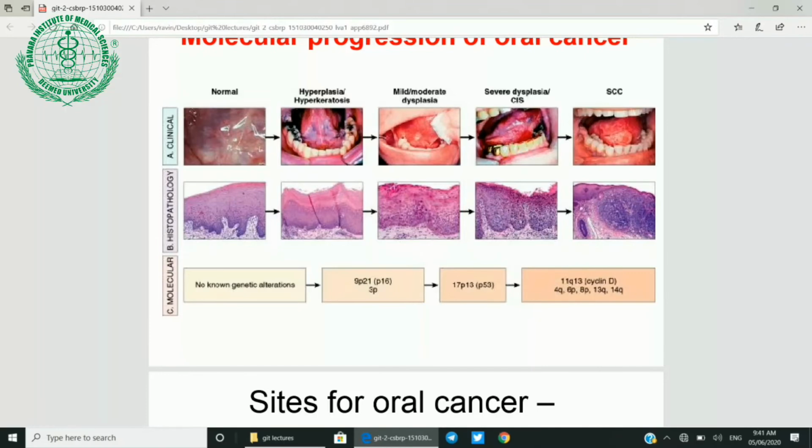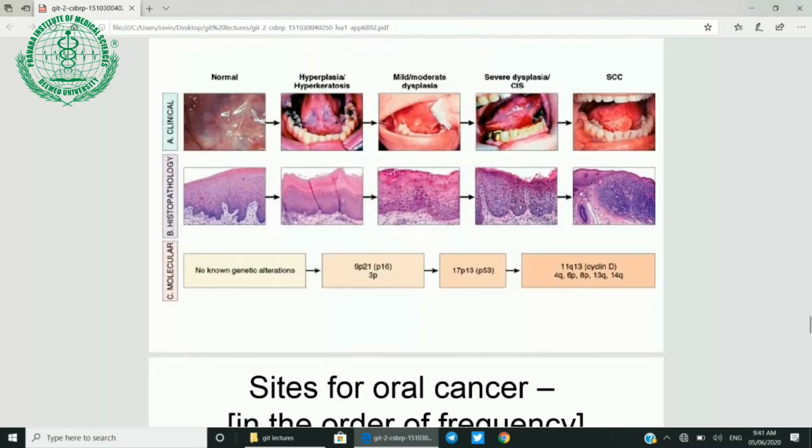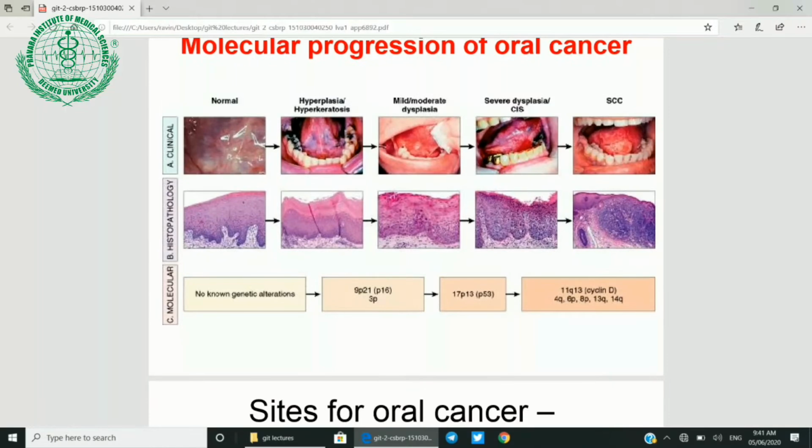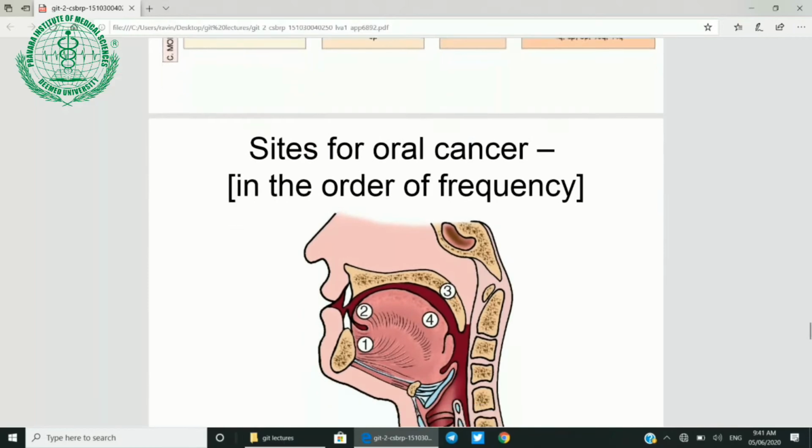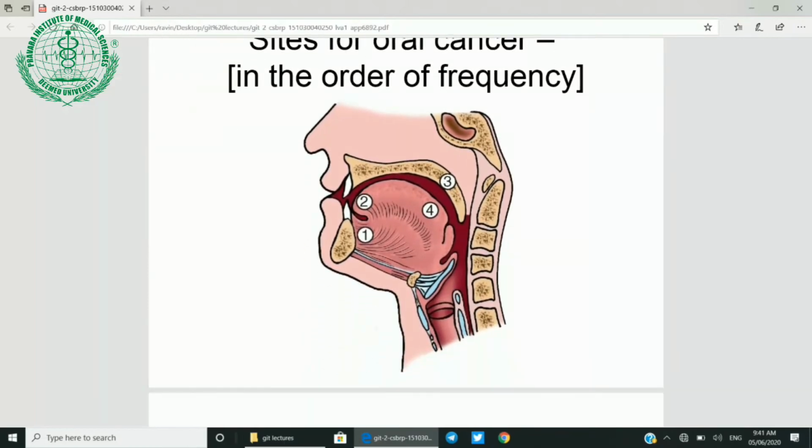Some genetic alteration plus the irritation goes on, developing mild, moderate dysplasia, severe dysplasia, and later on squamous cell carcinoma. Please remember, this is an ideal sequence. The disease may not progress in the same fashion.